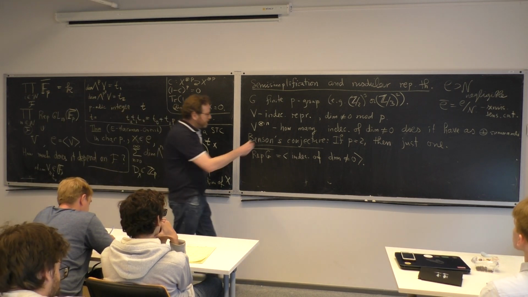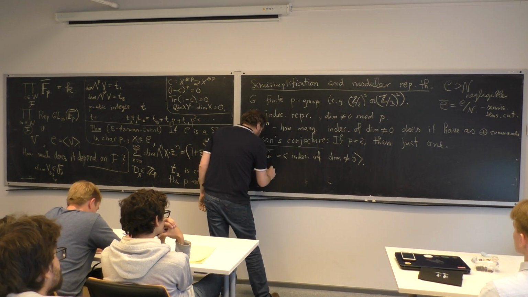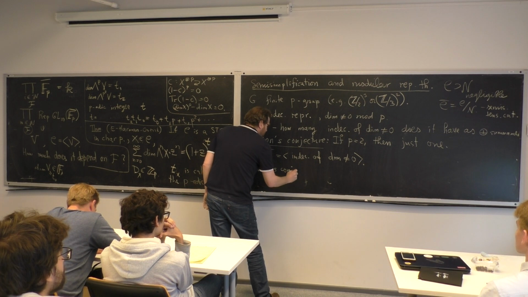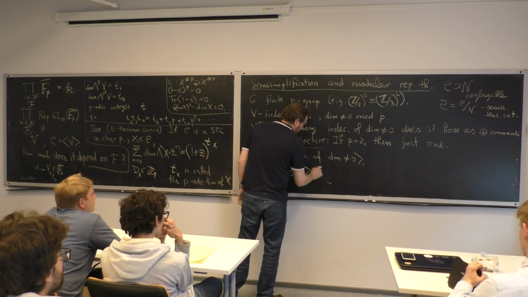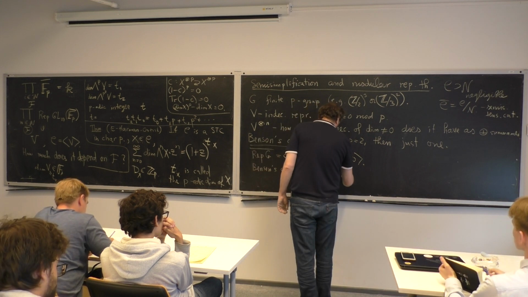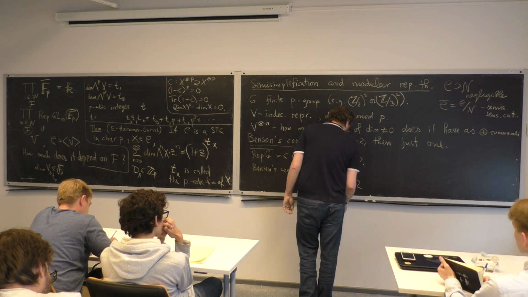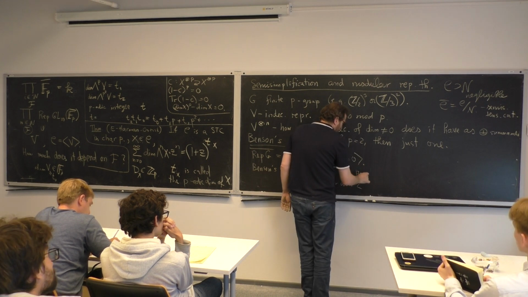So what this really says is that Benson's conjecture is equivalent to saying that Rep of G bar, for characteristic 2, is pointed.